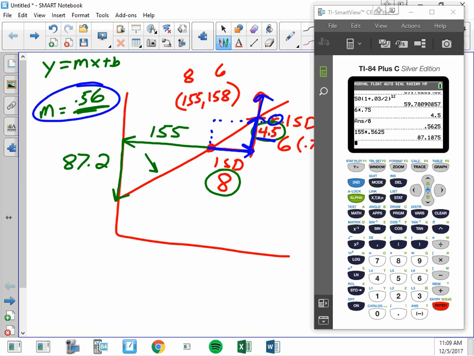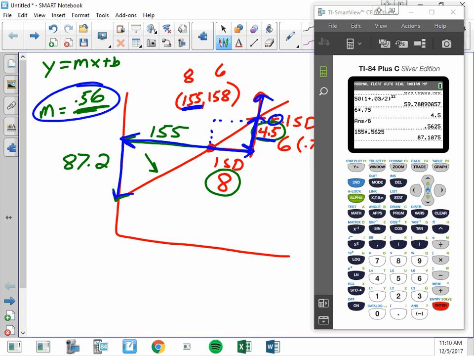Now all we have to do is backtrack to the y-axis. Well, I am 155 units from the y-axis. So if I go backwards 155 units, I need to go down 0.56 centimeters for every horizontal centimeter, because that's the slope. So if I go left 155, I have to go down 0.5625 times 155.